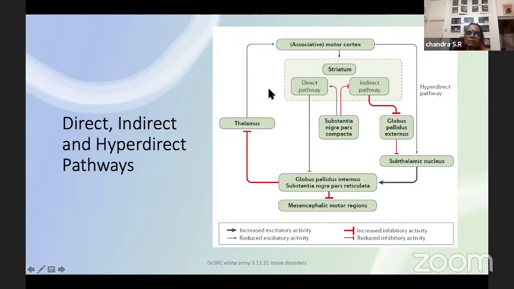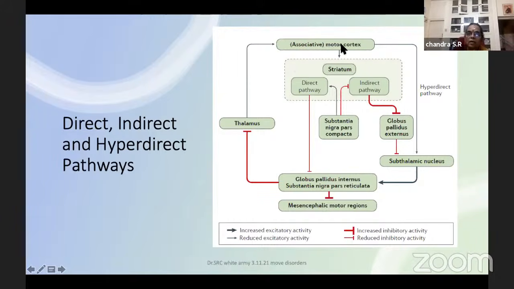So the direct pathway is cortico, striato, pallido, thalamo, cortical, where the globus pallidus is interna. The indirect pathway has the addition of globus pallidus externa and subthalamic nucleus after the cortico, striato. Then you have got the interna, pallidothalamo-cortical.